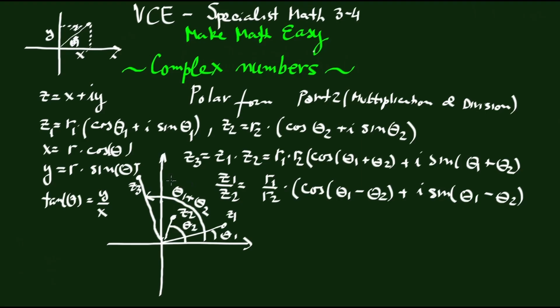It's all obvious from this picture here. So the modulus, the length of z3 is, say z2 is 1.5 and z1 is 2, that will be 3.5, approximately the length.